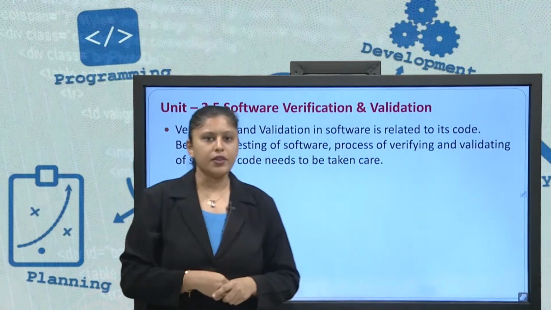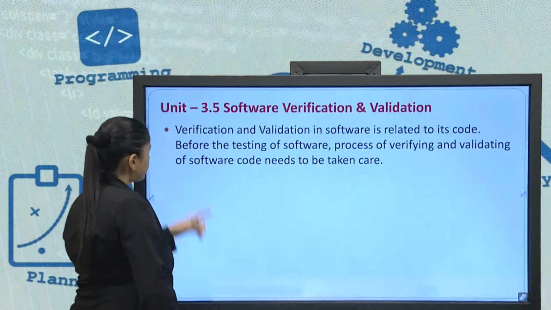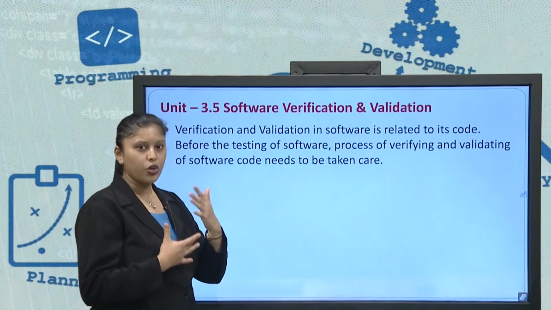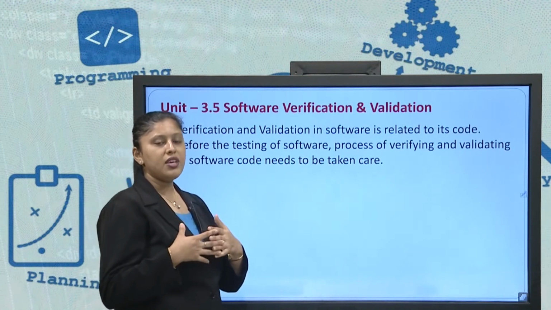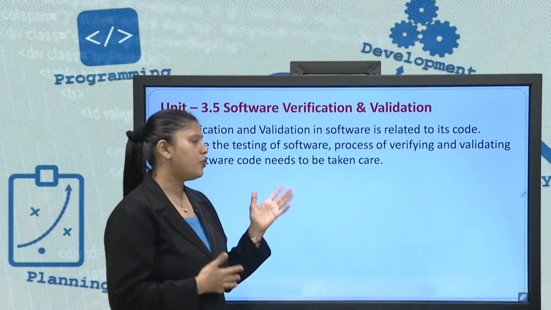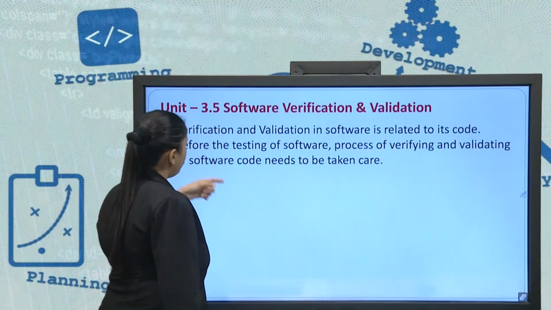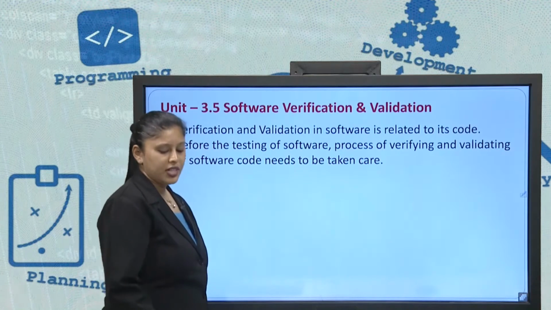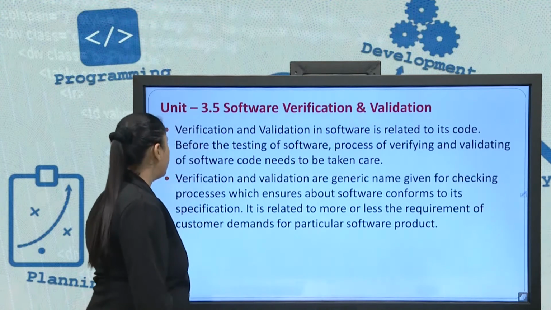Verification and validation in software is related to its code, whatever code you have written as a developer. Before the testing of software, the process of verifying and validating the software code needs to be taken care of.